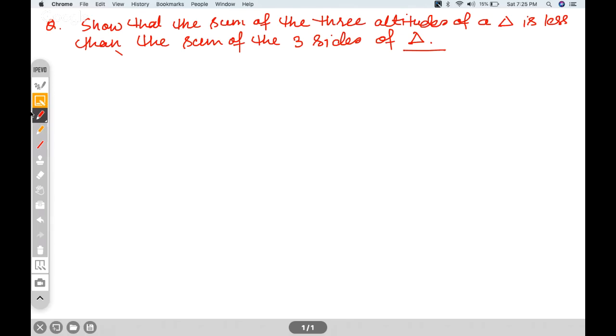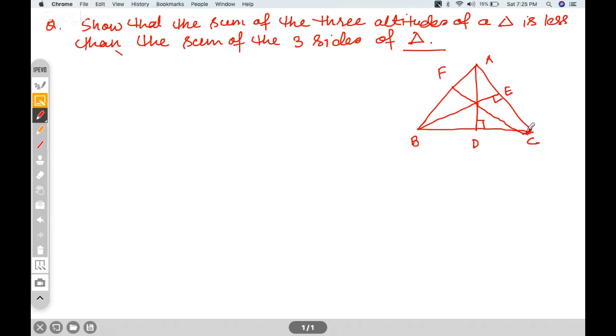What I have to prove? So let me draw a triangle for you. A, B, C, and let me draw altitudes. So this is AD, this is BE, and this is CF.